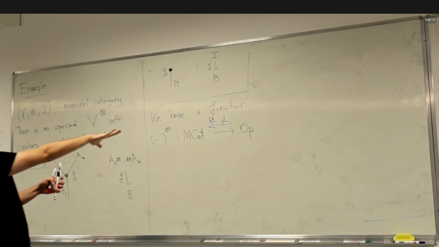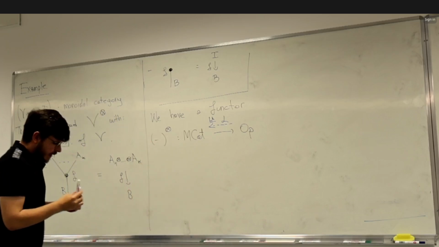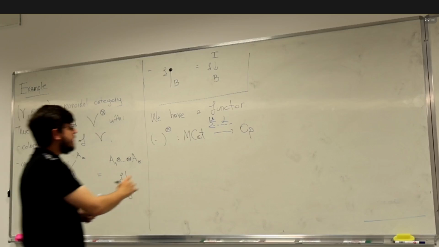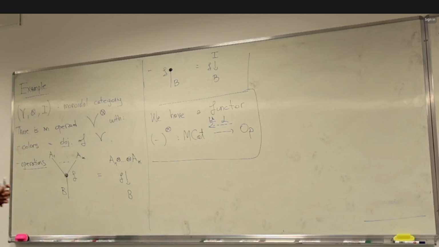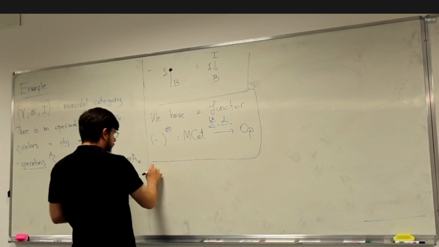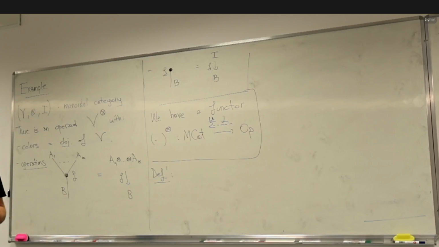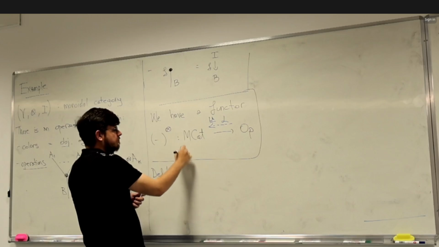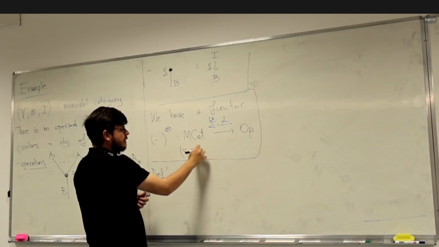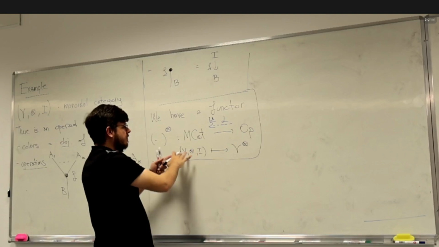So I'd like to explain what this is in a minute. So let's do the natural progression of ideas here. The functor which takes this and creates this operad is functorial.